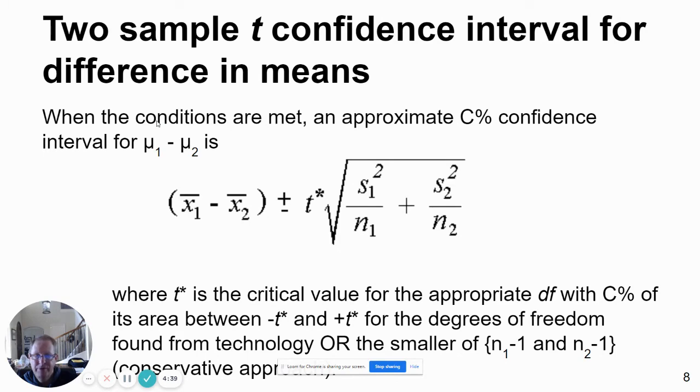Now, you know everything. You know the X bars, you know the S's, and you know N. What about T? T is the critical value for the appropriate degrees of freedom. Now, if you're using the t procedure on the calculator, which I'll explain in a second, that will tell you the critical t, and the calculator will give you the degrees of freedom that go with that particular t statistic.